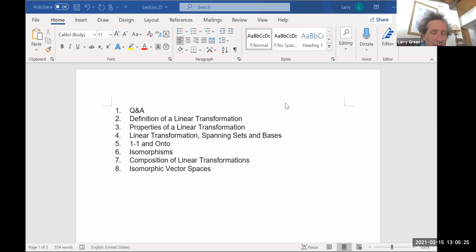And once they're isomorphic to each other, one is the same as the other if you look at it in the right perspective. And so we're going to be talking about isomorphic vector spaces. There's some really weird stuff that goes on with that. Because again, you can realize that polynomials are matrices. I know you've probably never even thought about that, but they are. And we'll talk about that.